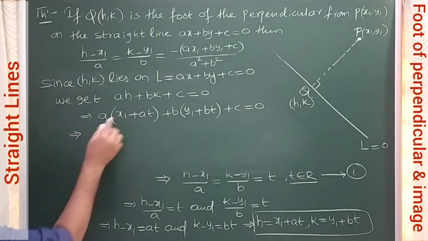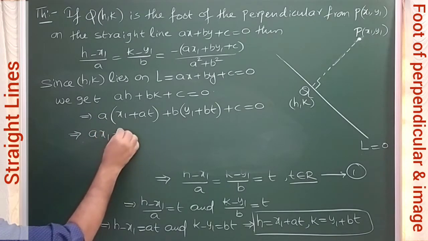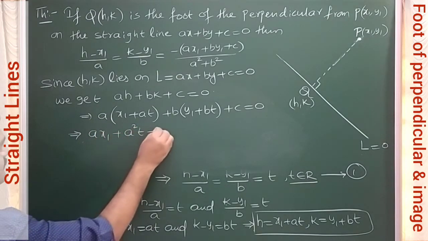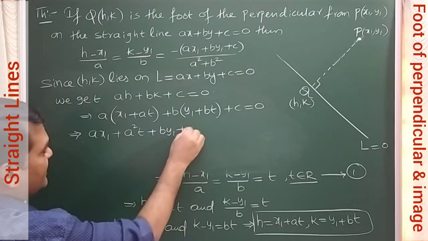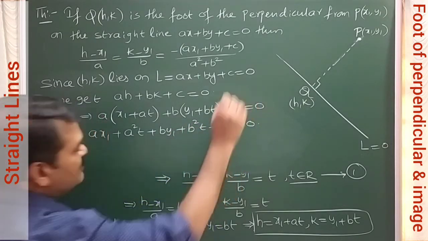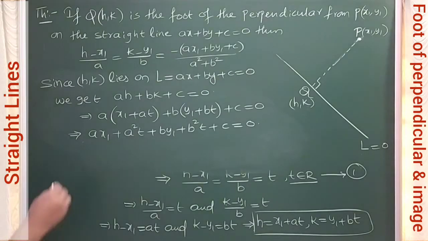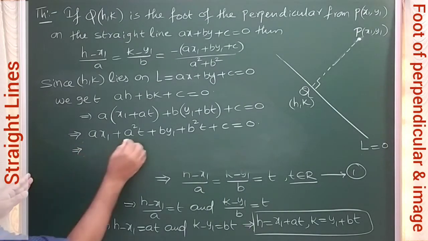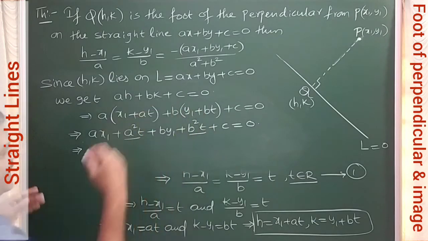So now simplify, we will get ax1 plus a square t plus by1 plus b square t plus c is equal to 0. Next, in these two terms I will take t common.